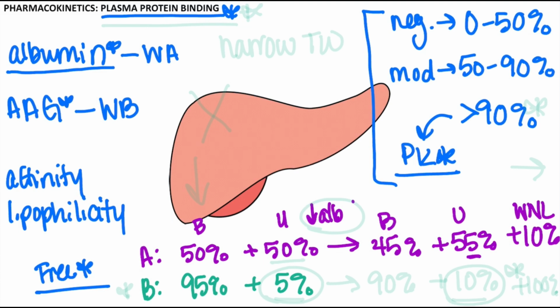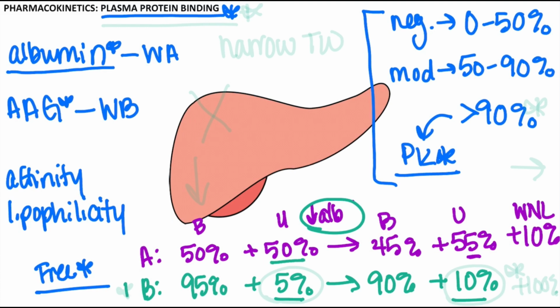But now let's say this patient suffers a similar degree of liver damage, so there is a comparable drop in albumin. So now only 90% of the drug is bound, and now 10% of the drug is unbound. So this is still only an increase in 5%.